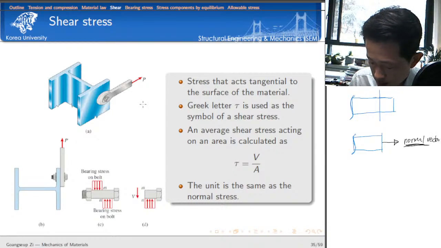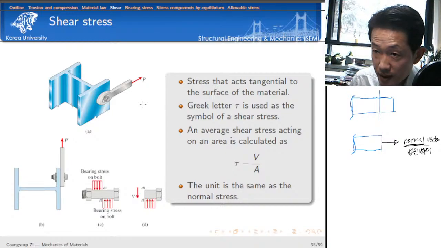Normal vector. In 우리말, 법선 vector. Isn't it right? 법선 vector. So make sure that this cross section is characterized by geometrical information. The direction of this cross section is characterized by this normal vector.